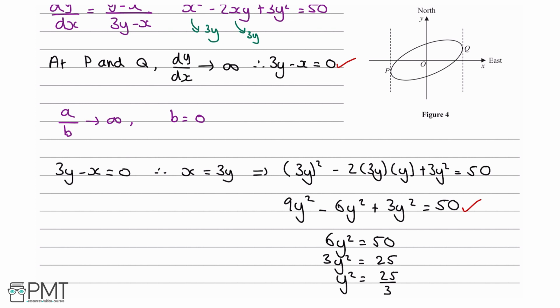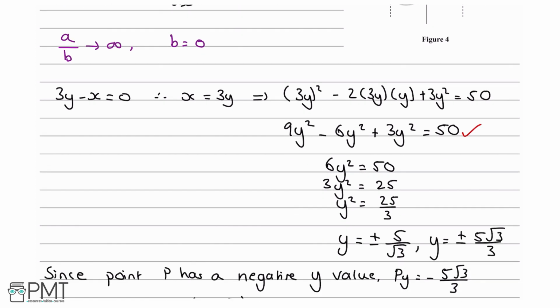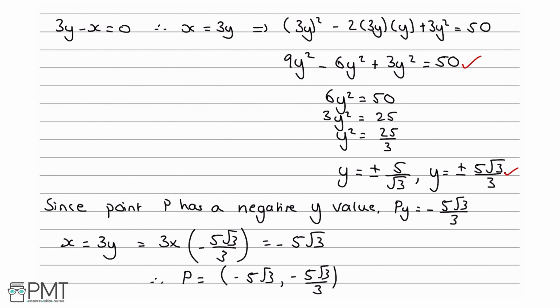Just somewhere where the examiner can see you've attempted to do it gets you your second mark. Your third mark comes from either getting x equals plus or minus 5 root 3 or y equals plus or minus 5 root 3 over 3. So if you solved it in terms of x, you would get the first answer. If you solved it in terms of y, you would get what we have got here. Your fourth mark comes from using your earlier equation, x equals 3y or y equals 1 over 3x, to get the other value.